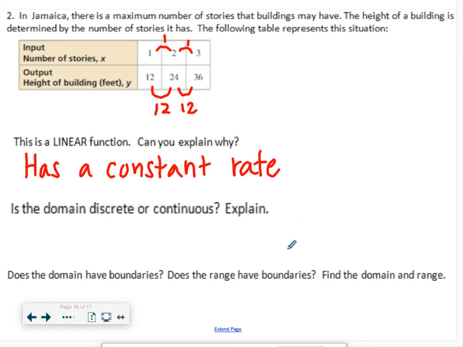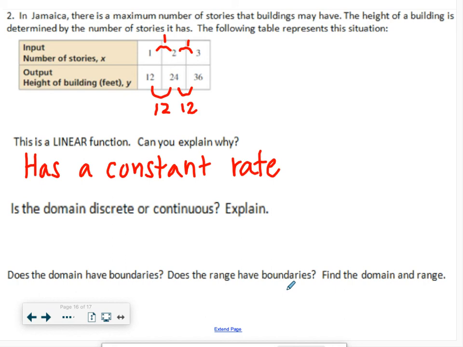And then our last question, does the domain have boundaries? So let's think, we're talking about a building, right? Our domain is the number of stories. Can you have 0 stories? No, because you wouldn't have a building, right? So it has to have at least 1 story.